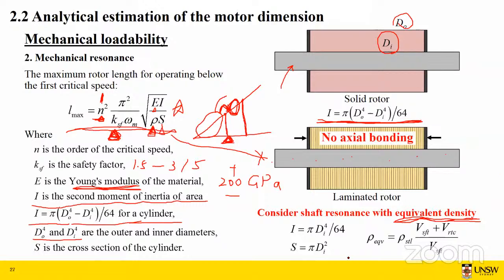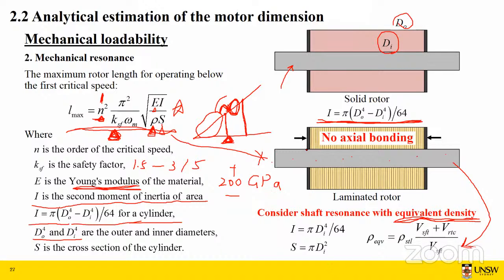Okay, so in this case, the density of the shaft should equal to this. It is the density of steel, we assume the lamination and the steel have the same density, times the volume of the shaft plus the volume of the rotor, divided by the volume of the shaft, okay?